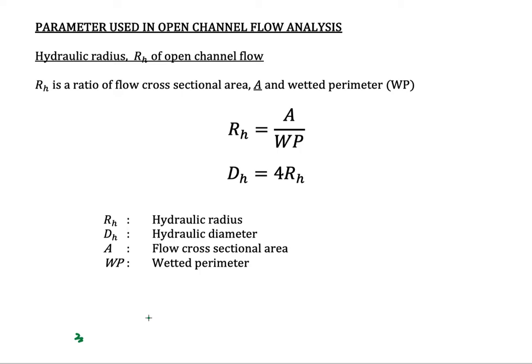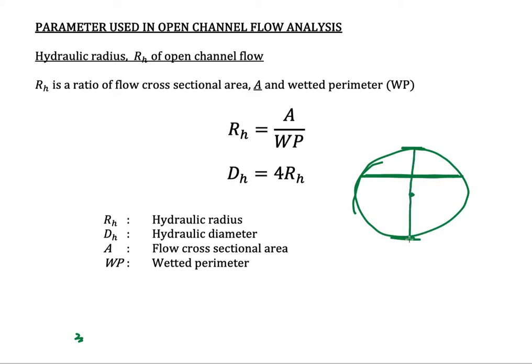So in open channel flow, you cannot use diameter. Even if you have a circular pipe like this, and the water is, for example, two-thirds of the level here, you still cannot use the diameter, because the diameter is the distance from this surface to this surface, from this edge to this edge.